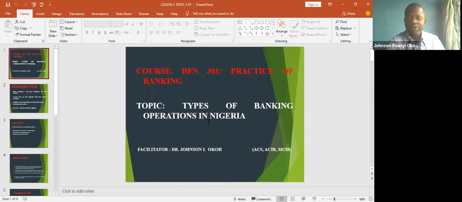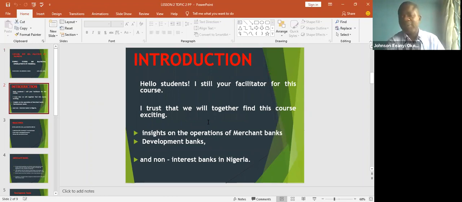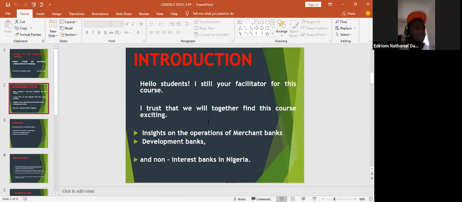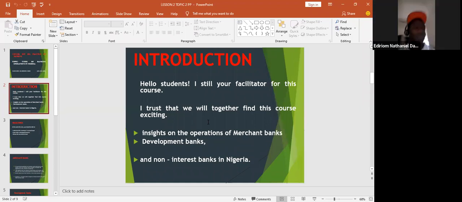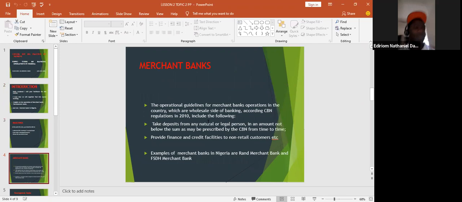With the specialized banking model introduced by Lamido Sanusi, the CBN governor, we have these different models. Banks are no longer financial supermarkets as they used to be. So we are going to have insights on the operations of merchant banks, development banks, and non-interest banks. That's the objective.